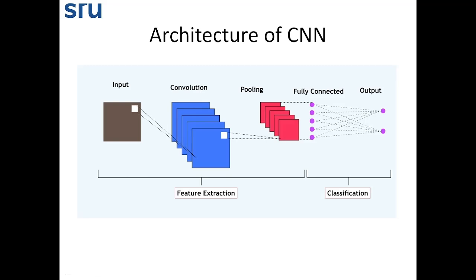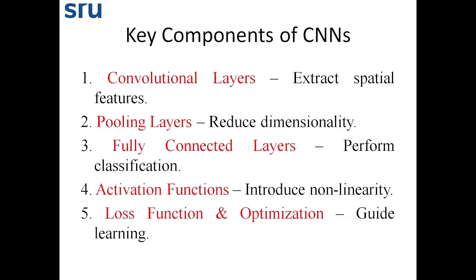Now we will see this part in detail. Key components of convolutional neural networks. First one, convolutional layers. They extract spatial features. Pooling layers are used to select important features.